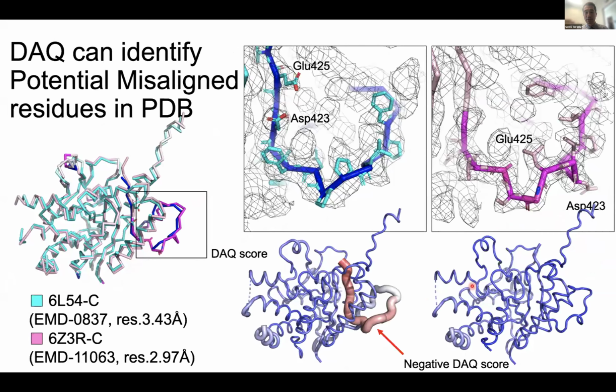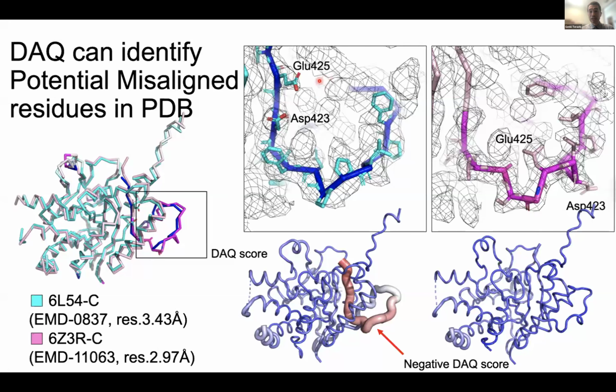So DAQ score is very useful to identify wrong sequence assignment regions. This is a very interesting example, 6L54 and 6Z3R. These two PDB entries have exactly the same sequence, and the shape looks very similar, the backbone position looks very similar.